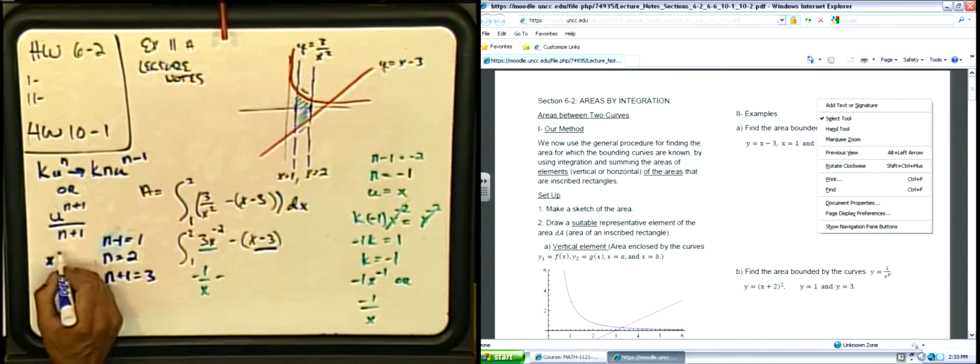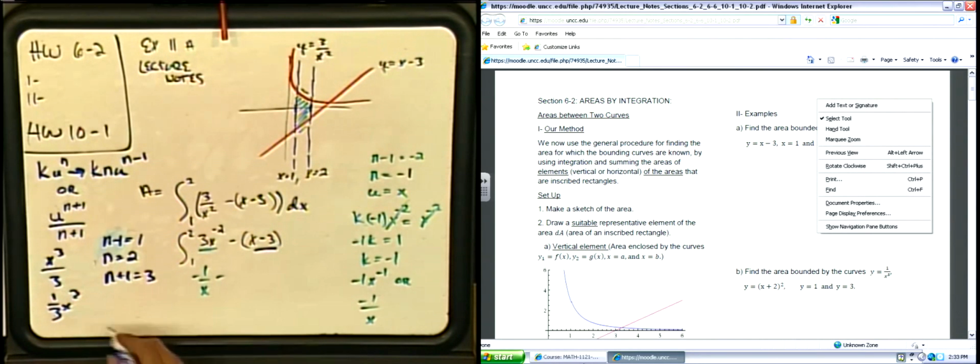X to the 3 over 3, 1/3 x to the third, is the antiderivative, minus 3x.